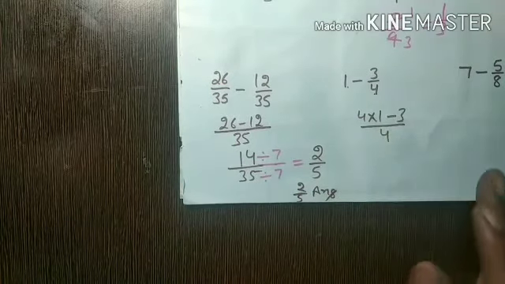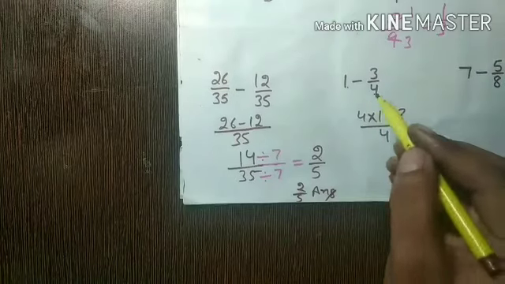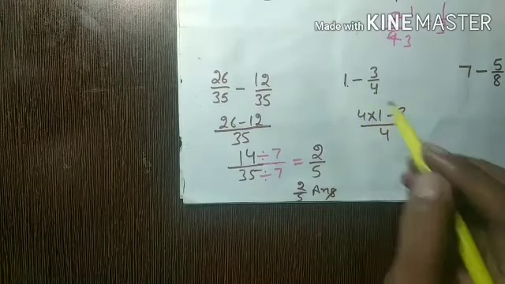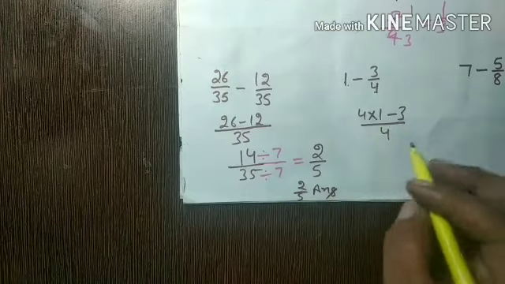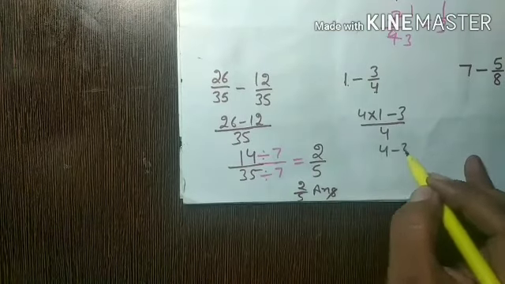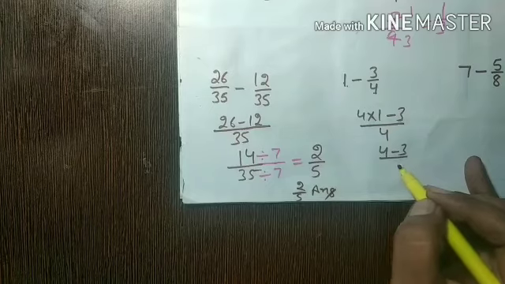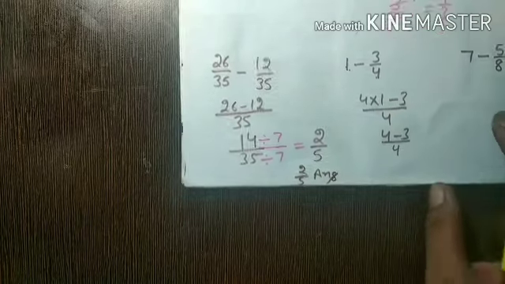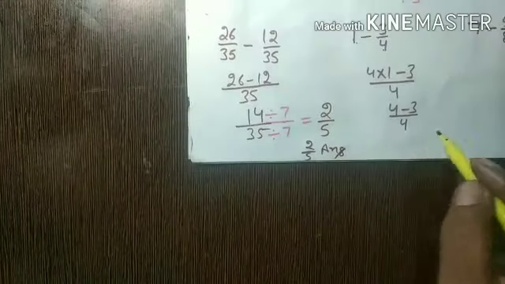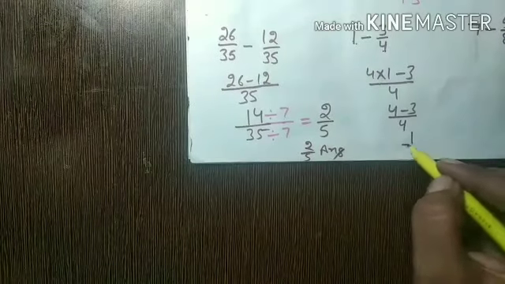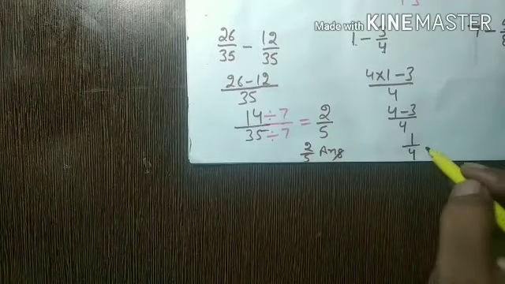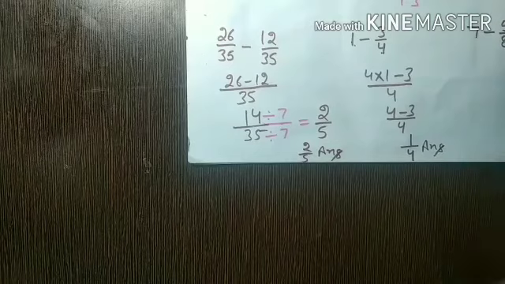Now 4 multiply 1, that is 4, minus 3, divided by 4. So 4 minus 3 is 1, over 4. 1 by 4 is the final answer, student.